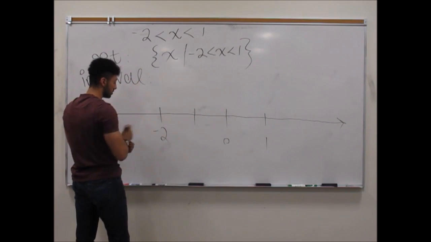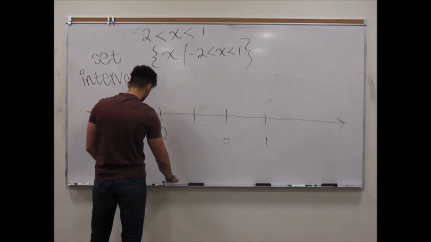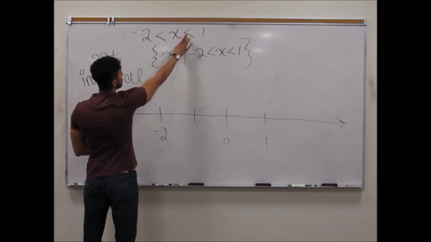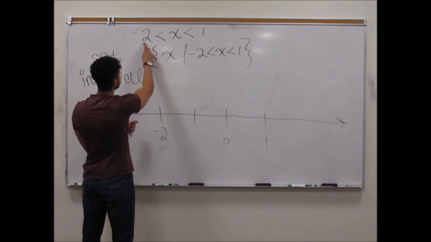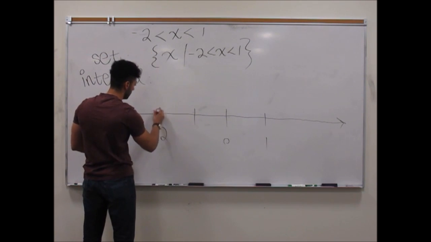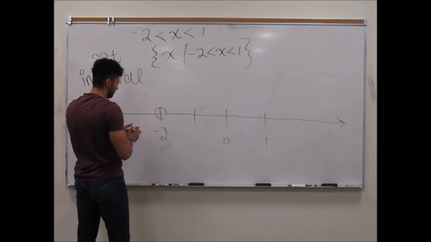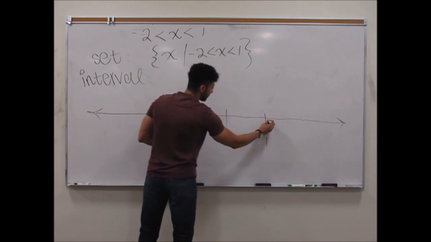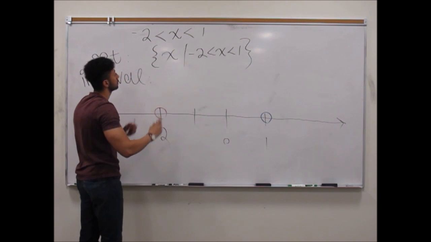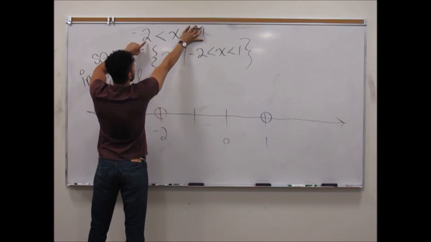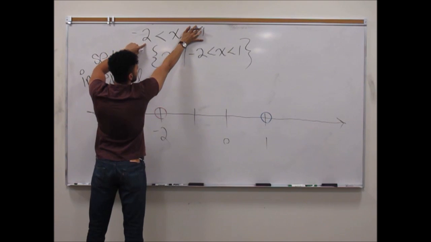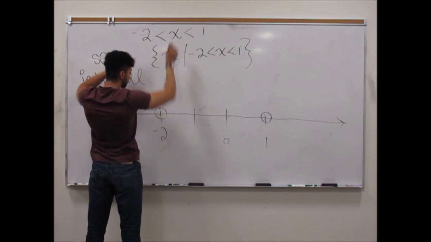Now in interval notation, let's go ahead and graph it first. So there's no equal sign, so I'm not going to include either of them. So -2 will be an open circle, and 1 will be an open circle. Now if we cover up this piece, it's saying that x is values that are bigger than -2, greater than.